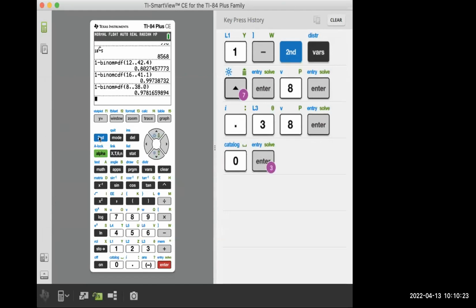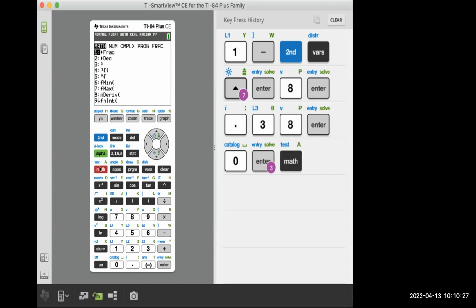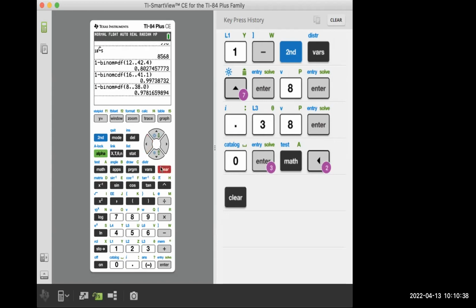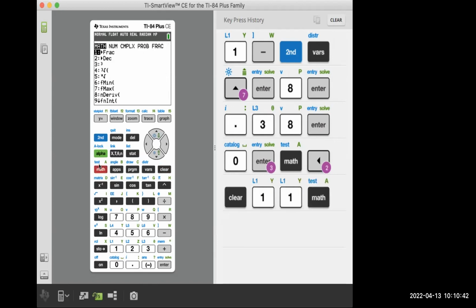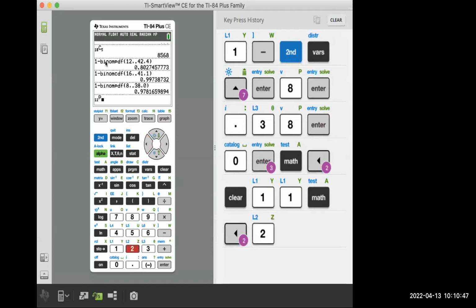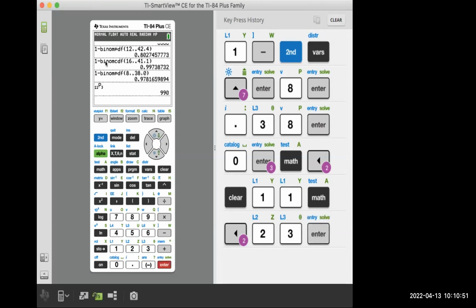And so let's click on Math. Let's go to the PRB menu and select nPr. Let's input 11, click on Math, go to the PRB menu and select nPr. And I want 3 of them. And so I get 990.